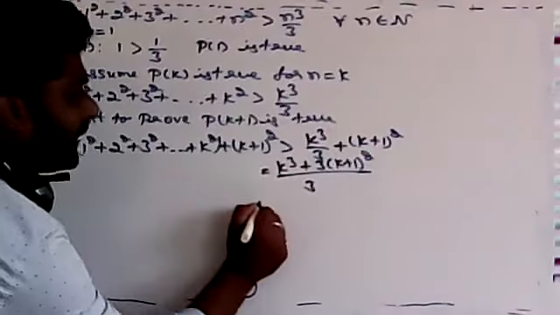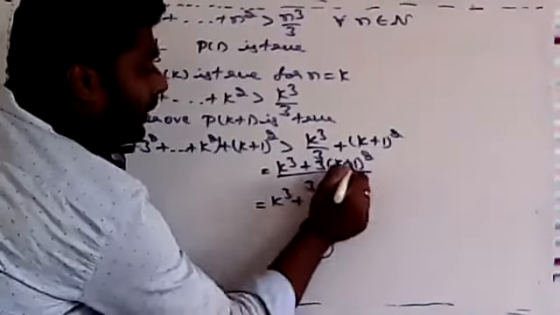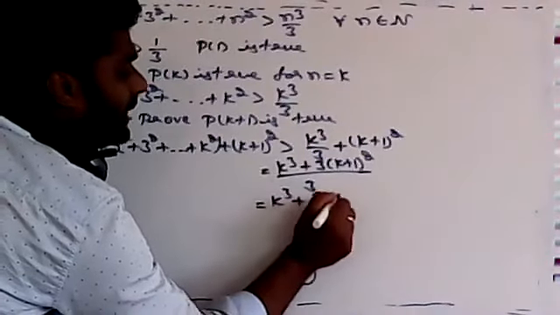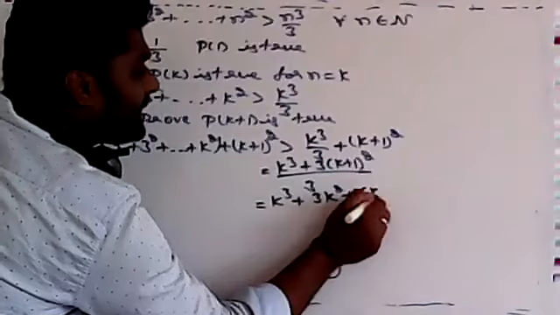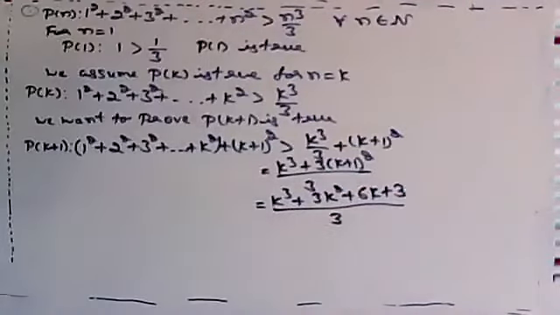So we'll get k cube plus k plus 1 the whole square, which is k square plus 2k plus 1. If I multiply with 3, what do I get? 3k square plus 6k plus 3, divided by 3. Correct or not?